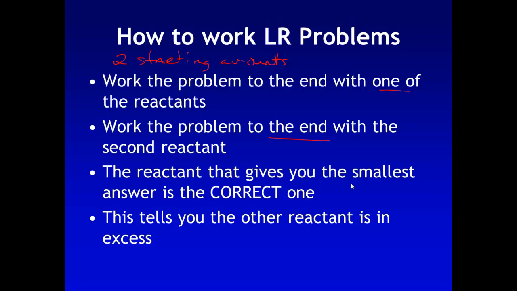The reactant that gives you the smallest answer is the correct one every single time, no exceptions on that. We'll talk a little bit more about that after I finish showing you a calculation. This tells you that the other reactant that you started the problem with must be in excess.